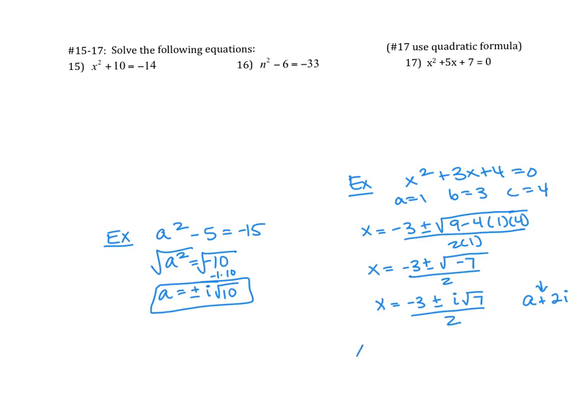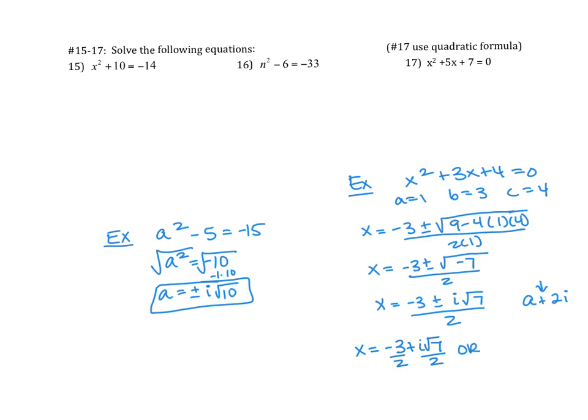So my two answers would be x equals negative 3 plus i square root of 7. That's negative 3 over 2, and that's i square root of 7 over 2. I just separated out my two different fractions. They're both over a 2.